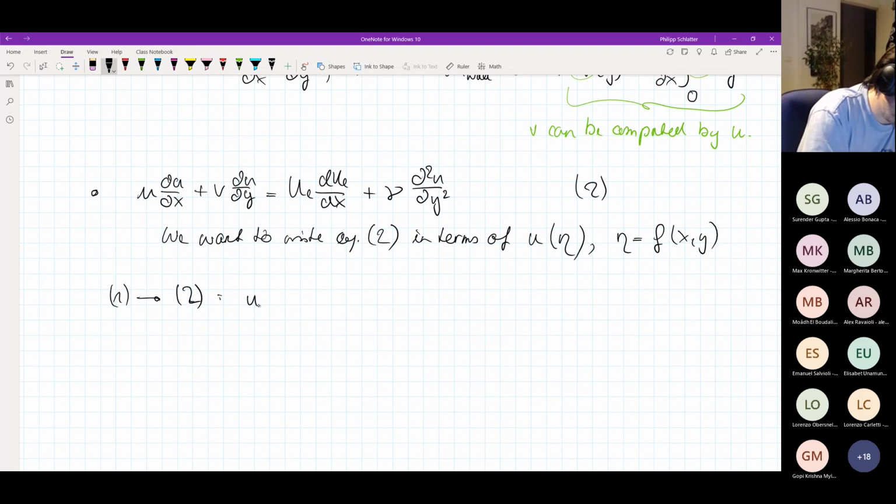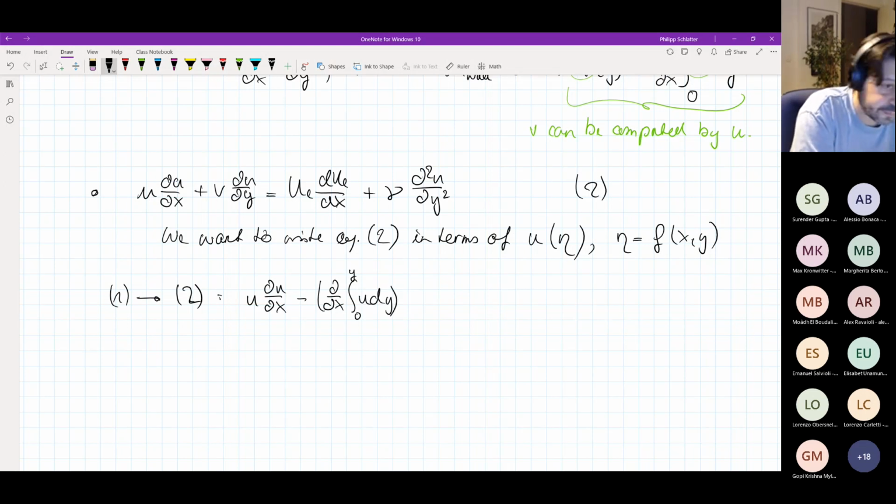This becomes a little bit problematic in writing, so I'm just doing that. U du/dx minus, now it becomes a bit tricky, d/dx of the integral from 0 to y of u dy times du/dy, should be ue times due/dx plus nu times d squared u dy squared.